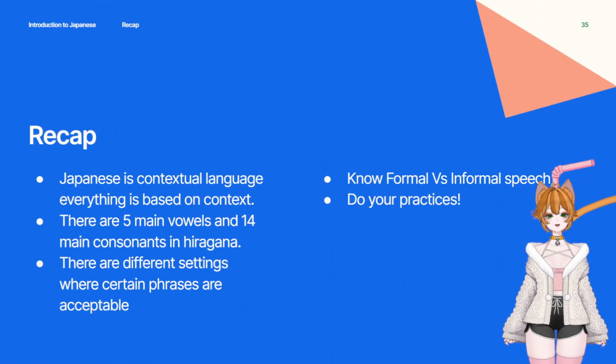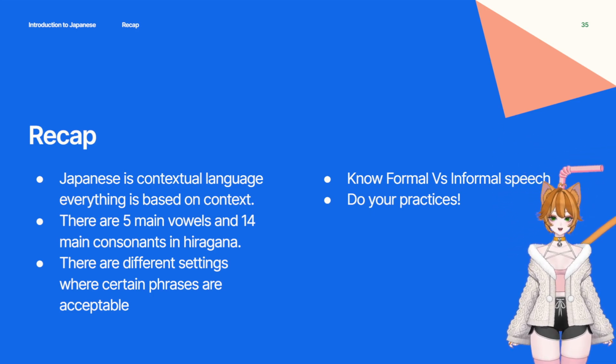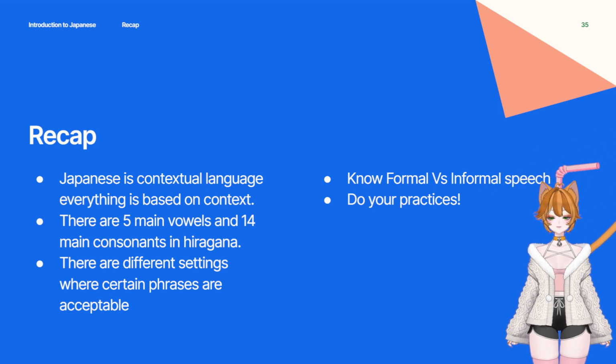Alright, so here's basically a recap of everything that we learned today. Japanese is a contextual language. Everything is based on context, meanings of words, what you're talking about, all based on context. There are 5 main vowels and 14 main consonants in Hiragana, including our diacritical marks.